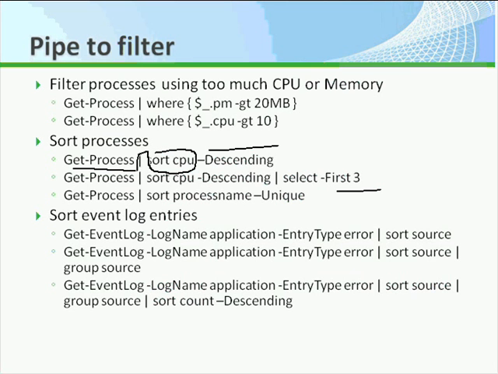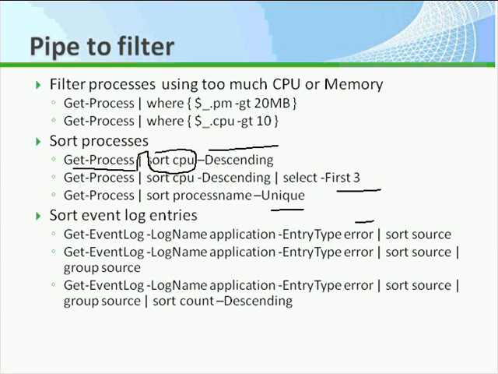A lot of times I use a pipeline when I'm trying to sort event log entries. So I can get my event log information, only look for errors, and then sort them by the source. And in the next command here, I also group those by source.